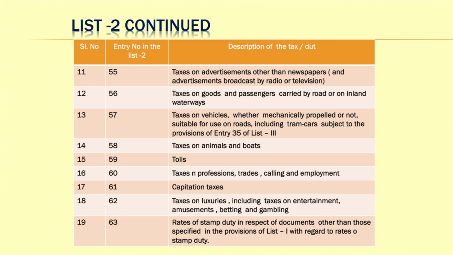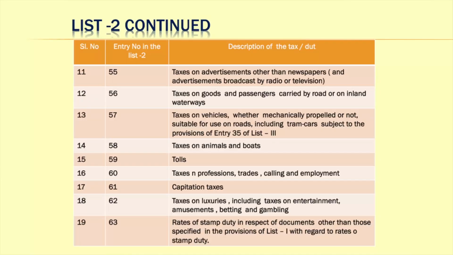Then entry 56, taxes on goods and passengers carried by road or inland waterways. Then 57, taxes on vehicles, those vehicle taxes being collected by the states, whether mechanically propelled or not, suitable for use on roads, including tram cars, subject to the provision in entry 35 of List 3. Then 58, taxes on animals and boats.